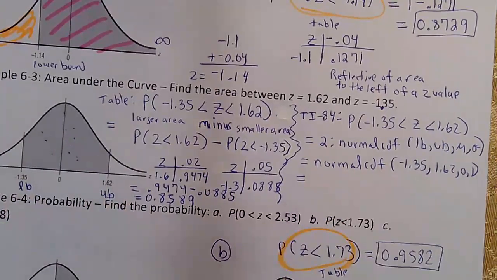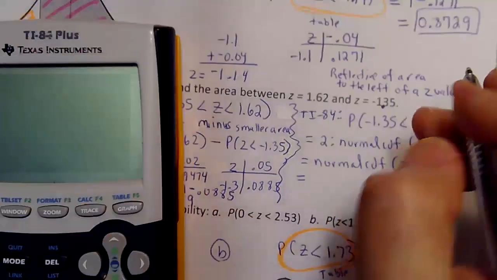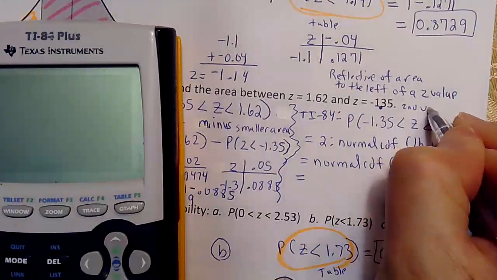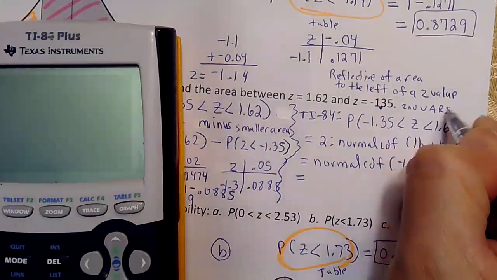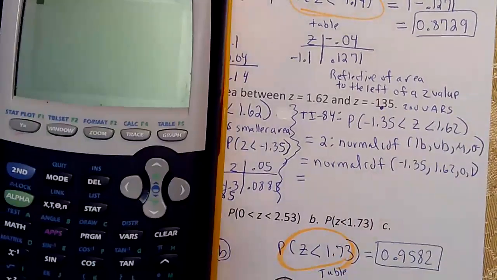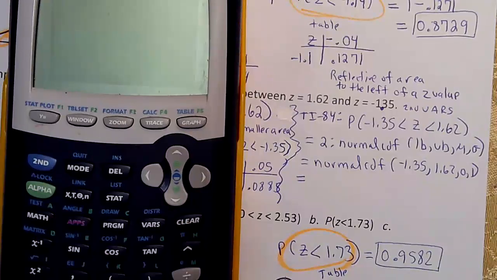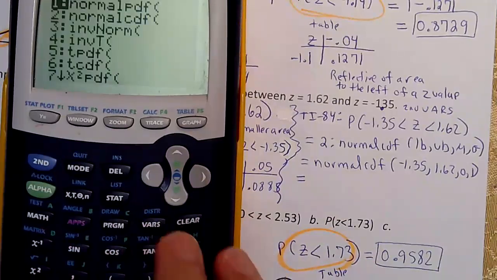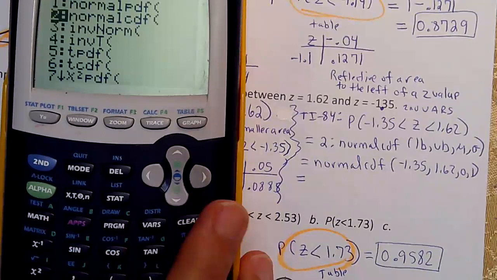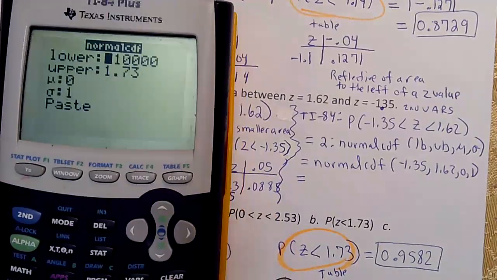Okay, so then I do second vars, number 2. Lower bound is negative 1.35. Upper bound is 1.62. 0 and 1.